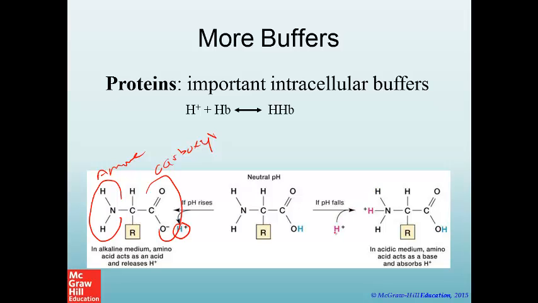If the pH falls because you have excess hydrogen ion, then that extra hydrogen can be taken up by the amine group to give you NH3+. And so proteins are very important intracellular buffers. Roughly 60 to 70% of the buffering capacity is located within cells because of the large protein component within cells.